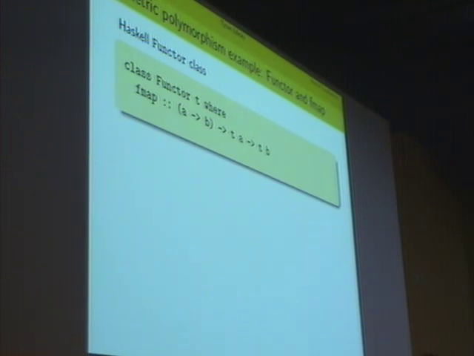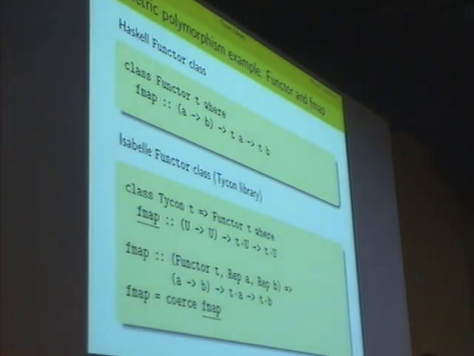So here we have class functor. fmap has a polymorphic type that's polymorphic over type variables a and b. In the Tycon library, we define the functor class by basically taking the largest type instance. So we instantiate a and b with the universal domain type.